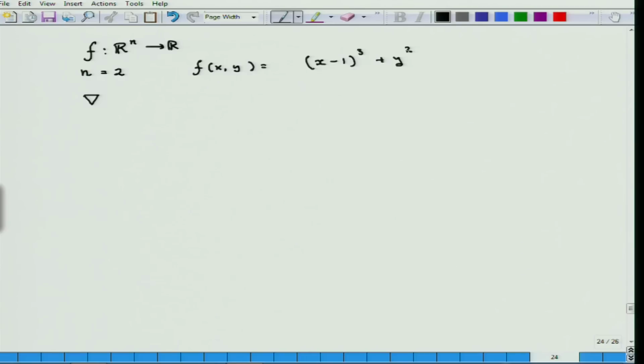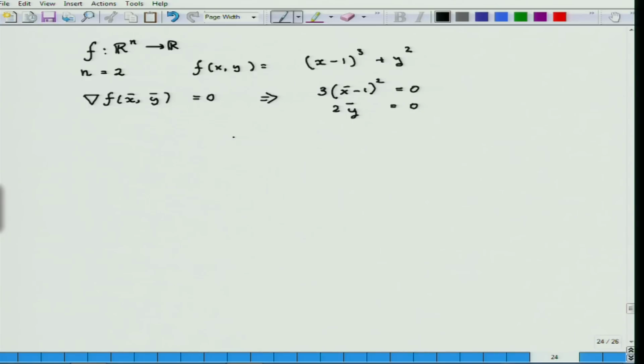So, this would imply 3 x bar minus 1 whole square is equal to 0 and 2 y bar is equal to 0.